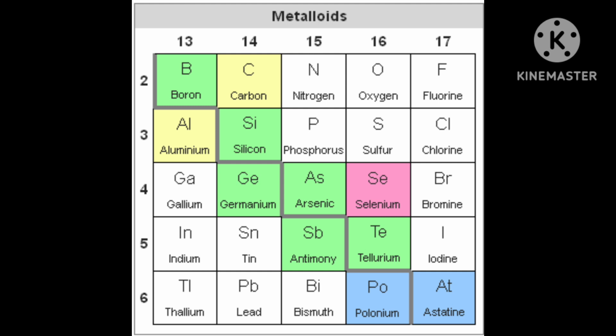As you go down, the first ionization energy becomes less because the size is becoming more. Beryllium is a small size, hence it requires more energy because it is close to the nucleus, and it requires more energy in comparison to the other elements of the same group.